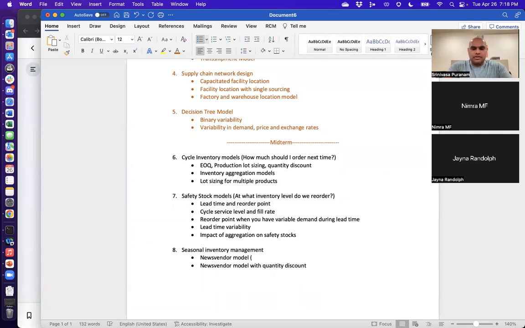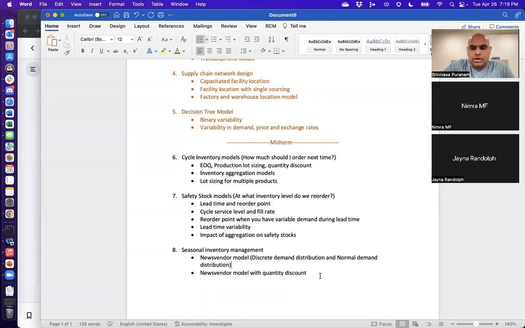That's the difficult part here. We looked at two ways of modeling demand variability: discrete demand distribution and normal demand distribution, where we assume that demand is normally distributed or has a discrete distribution. We looked at both of those cases.